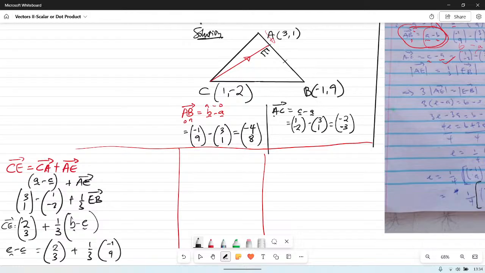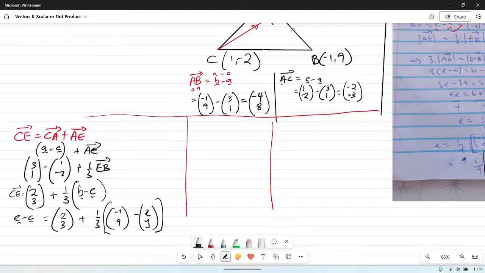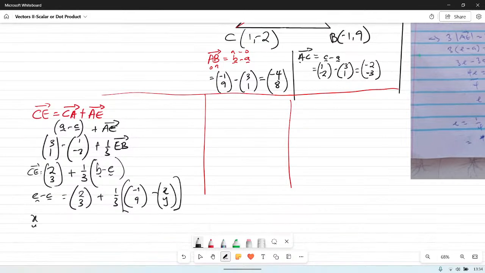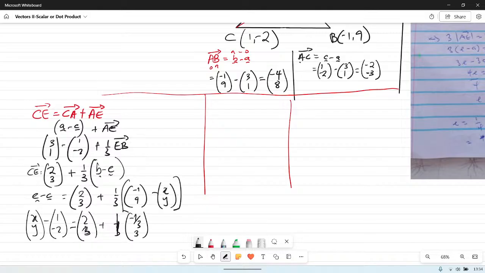Negative 1, 9 minus E. Let's take it as if E is any value x, y. Then put the x, y here. x, y plus C. C is 1, negative 2, equals 2, 3 plus one third. Then negative 1 over 3, 3 minus x over 3, y over 3.